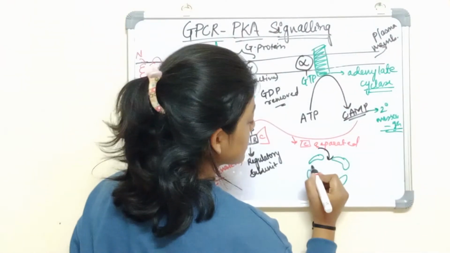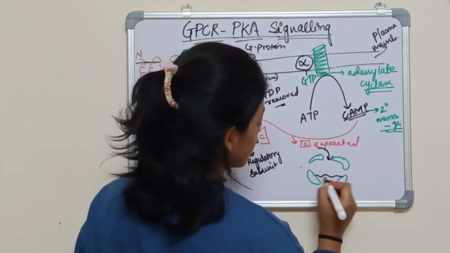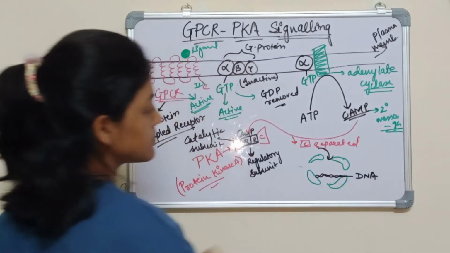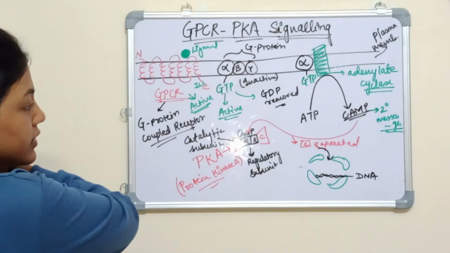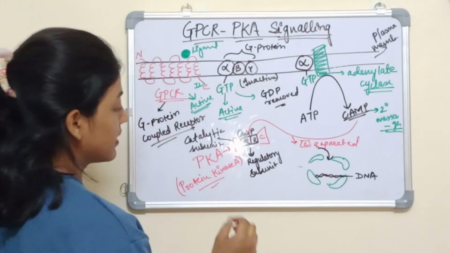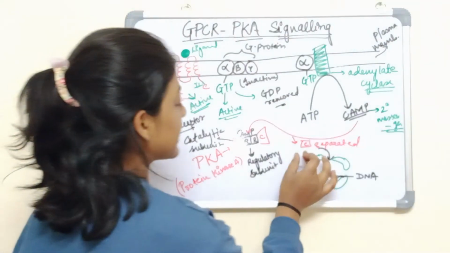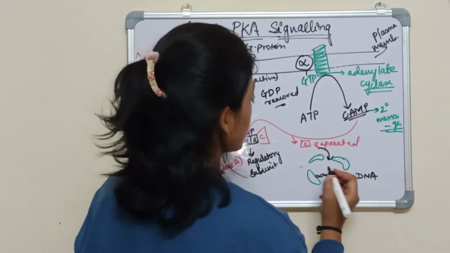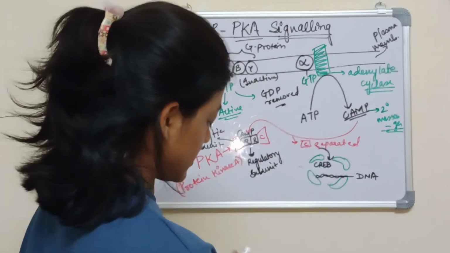In the nucleus there is DNA. Now this catalytic subunit, since it is a part of protein kinase A, kinase means it can phosphorylate another protein. So this catalytic subunit will phosphorylate another protein called CREB present in the nucleus.